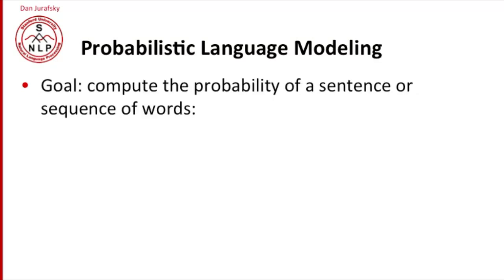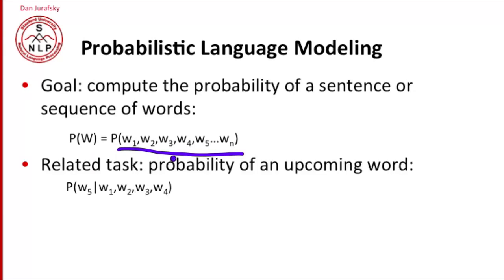So the goal of a language model is to compute the probability of a sentence or a sequence of words. So given some sequence of words W1 through Wn, we're going to compute their probability P of W. And we'll use capital W to mean a sequence from W1 to Wn. Now this is related to the task of computing the probability of an upcoming word.